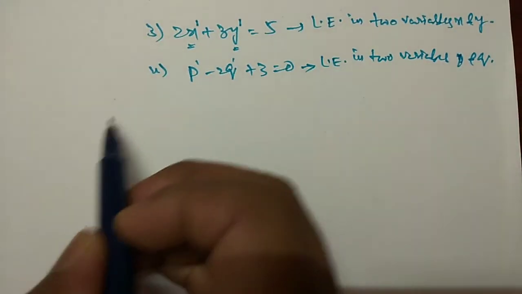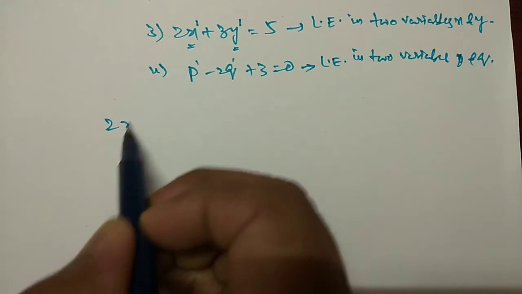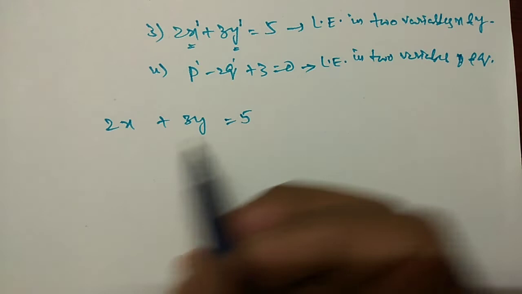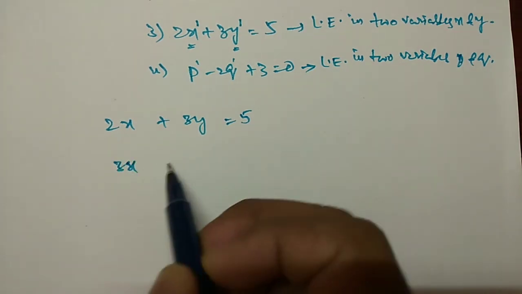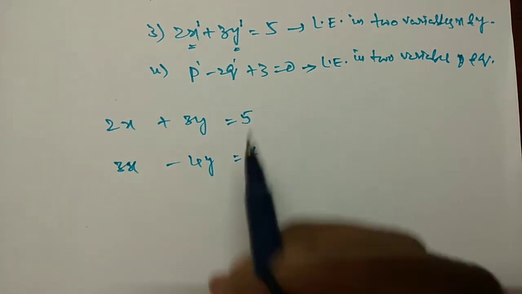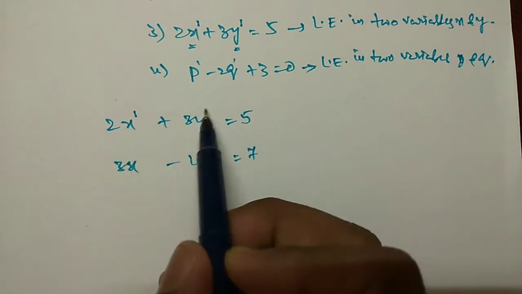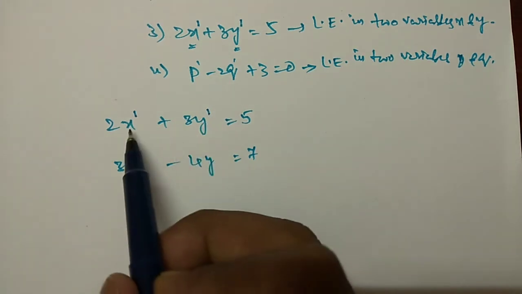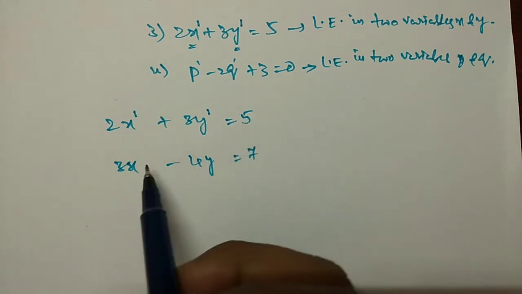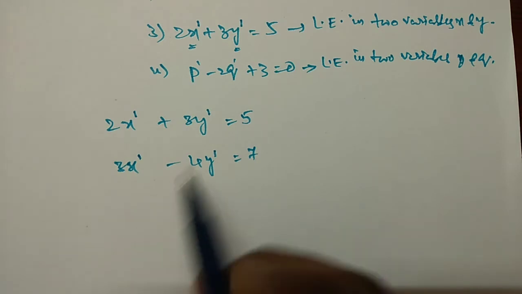Let us consider two linear equations. 2x plus 3y equal to 5, 3x minus 4y equal to 7. This is also a linear equation because the highest power of the variables involved is 1 and there are two different variables, so it is a linear equation in two variables x and y. This is also the same kind of linear equation in two variables x and y.